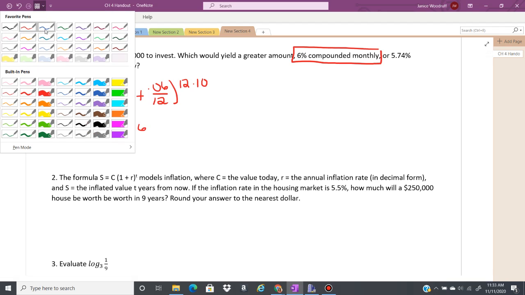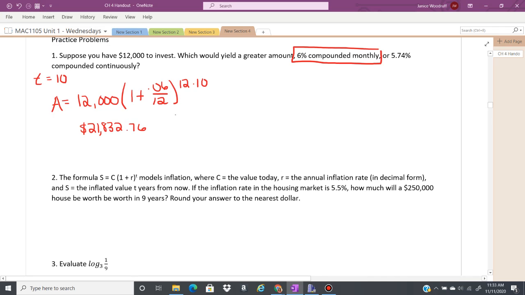All right, now I'm going to look at this with the same time frame, so 10 years, but with 5.74% compounded continuously. So that's going to be the PERT formula, PERT. So I have 12,000, and then my E. My rate, 5.74 as a decimal, is going to be 0.0574, and then we're going to times that by 10.